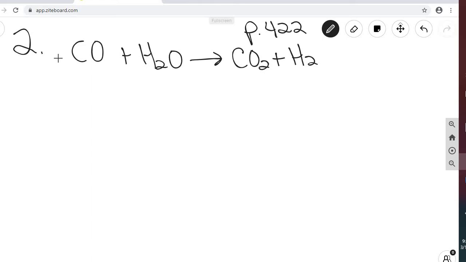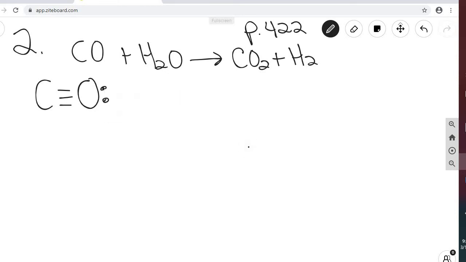So I'm going to draw Lewis structures for the carbon monoxide. It's going to be a triple bond to oxygen, and there's just one of those.